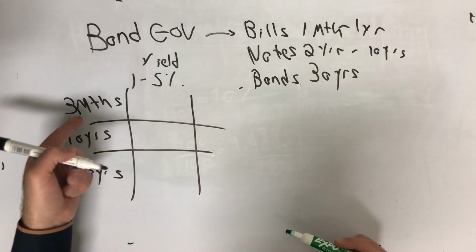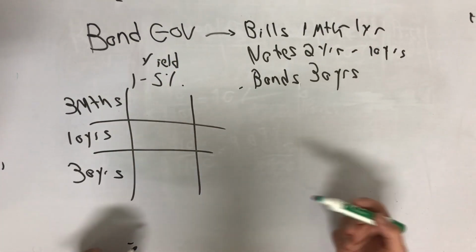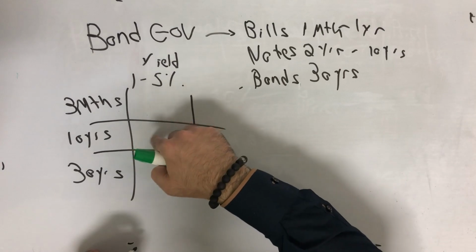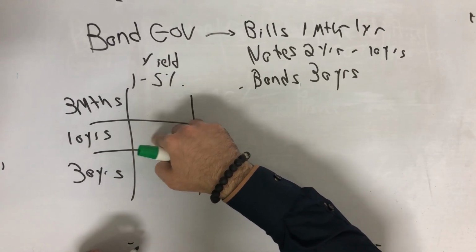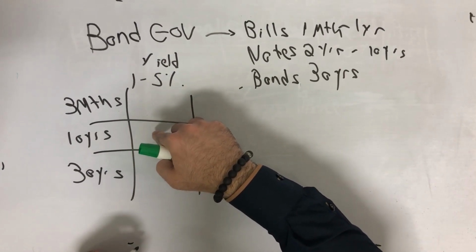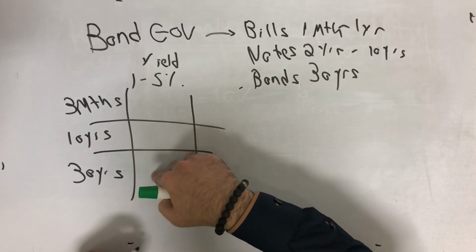The yield that you will ask on the 3 months, I assume, would be lower than the yield you will ask on the 10 years, and the yield you will ask on the 10 years will be lower than the yield you will ask on the 30 years.